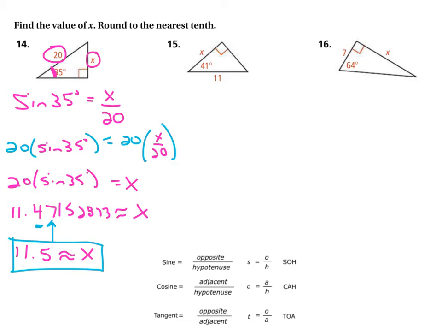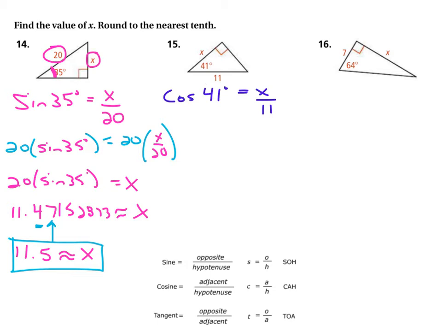We're going to say the cosine of 41 degrees equals the adjacent side, x, over the hypotenuse of 11. And again, we're going to multiply both sides by 11 to cancel it out.